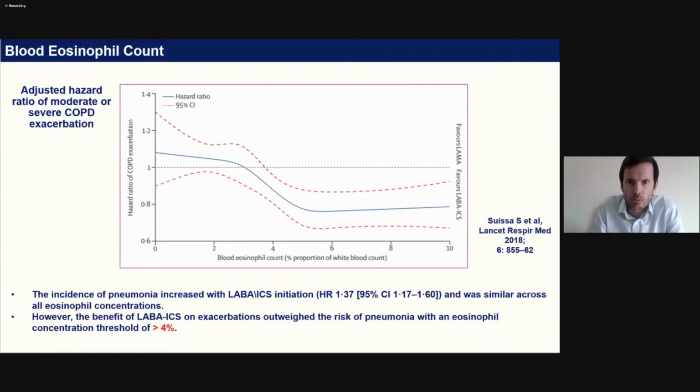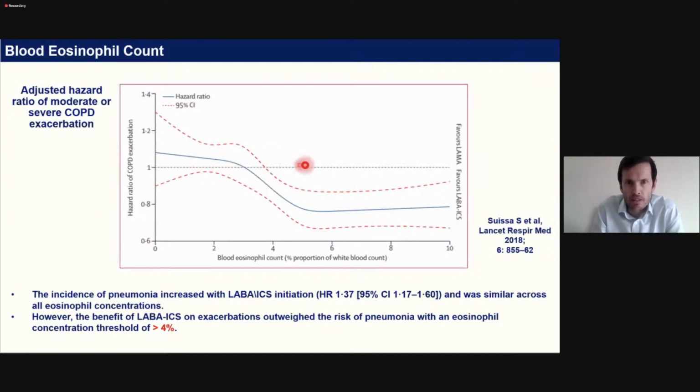Patients were monitored for 1 year for the presence of moderate to severe exacerbations and/or pneumonia. And this figure illustrates the adjusted hazard ratio of moderate to severe COPD exacerbations with LAMA ICS treatment according to the blood eosinophil count.